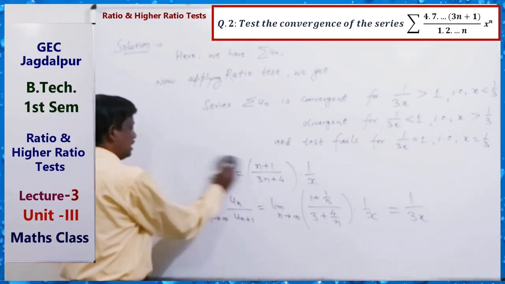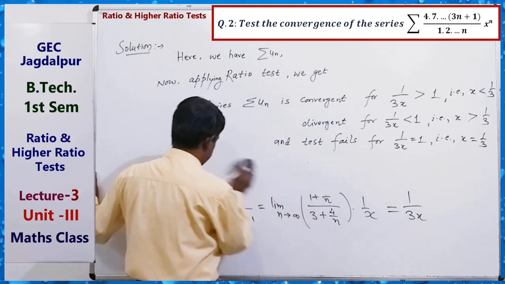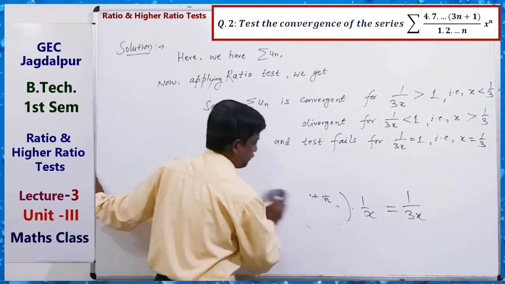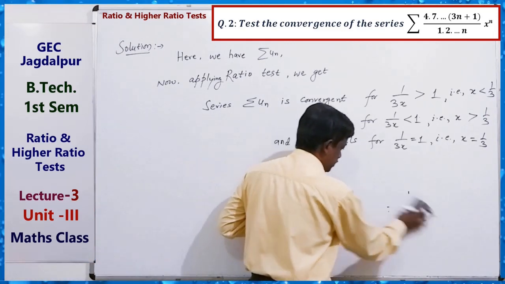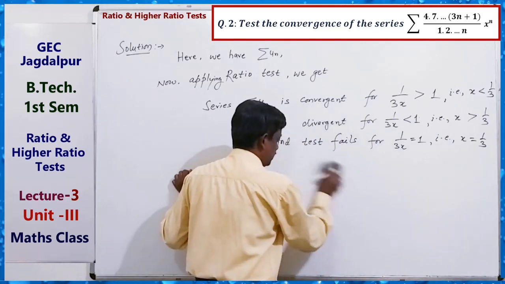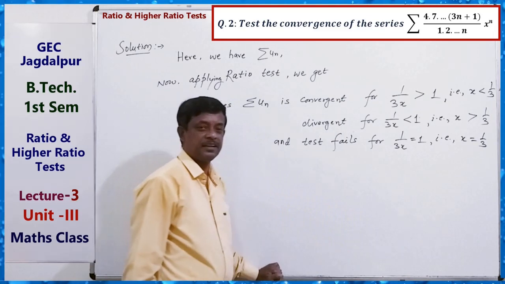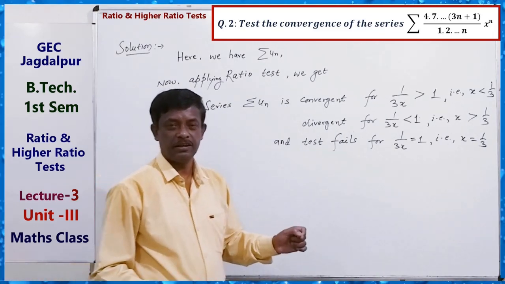So in this case, just see here, Raabe's test can be used. We know Raabe's test: un upon un plus 1 minus 1, into n.